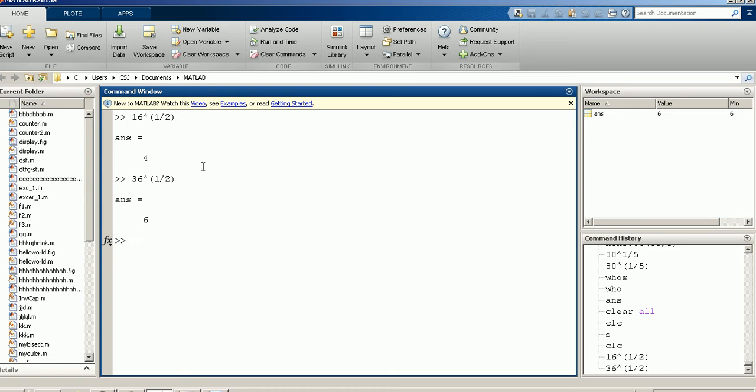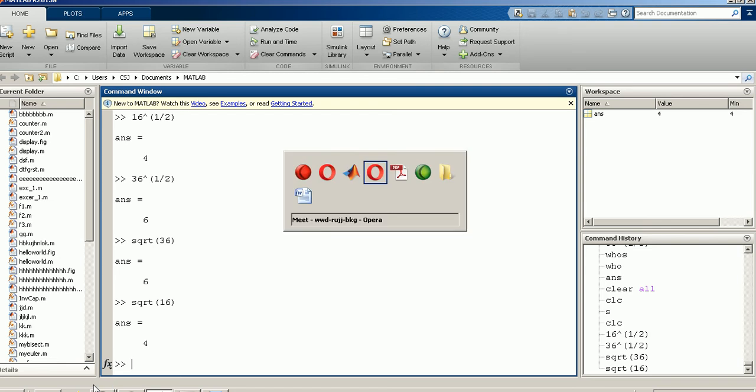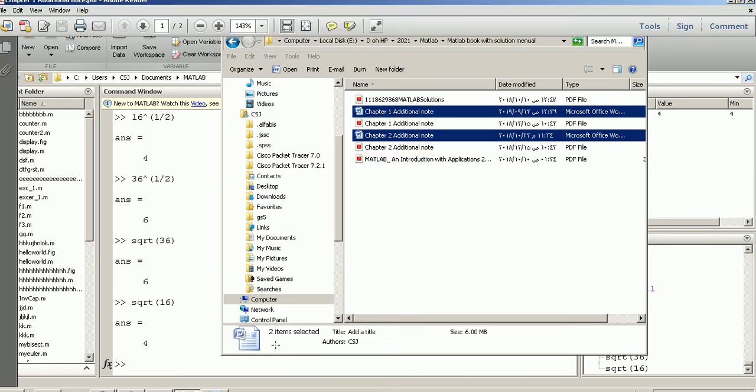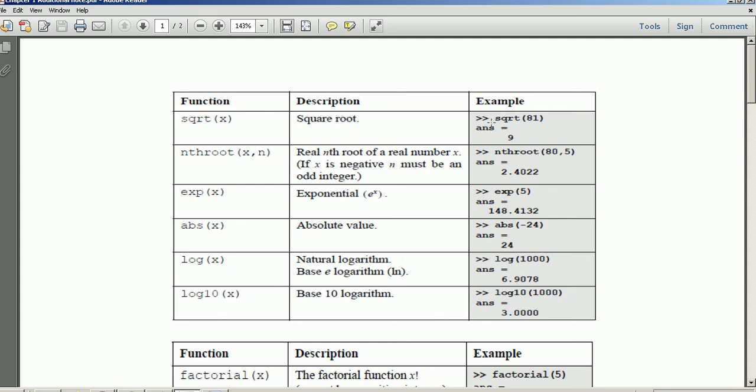So this is the same as doing sqrt of 36. The result is 6. And this is the same for 16. So the result is 4.